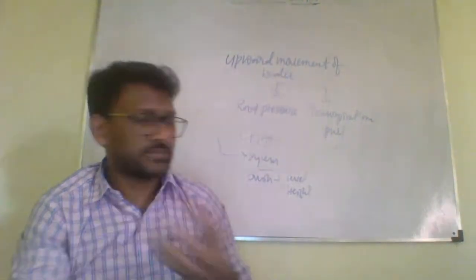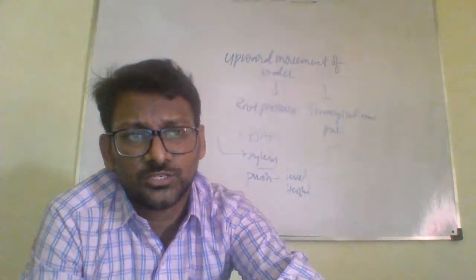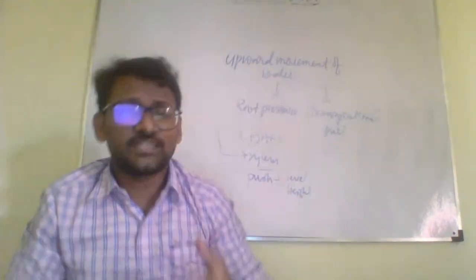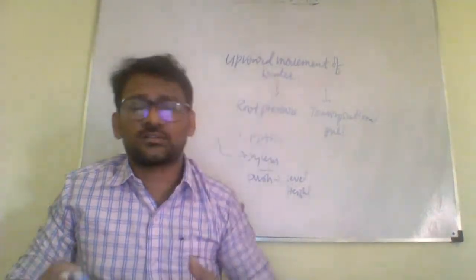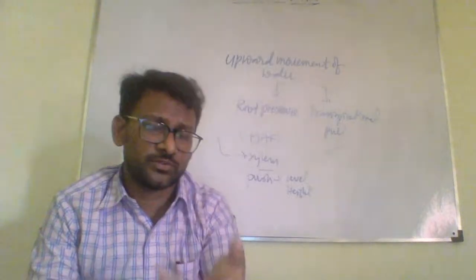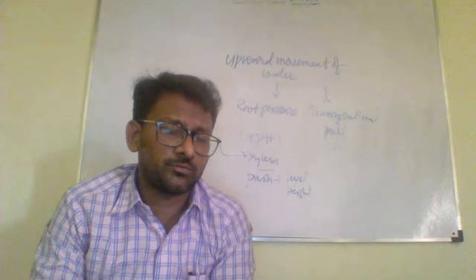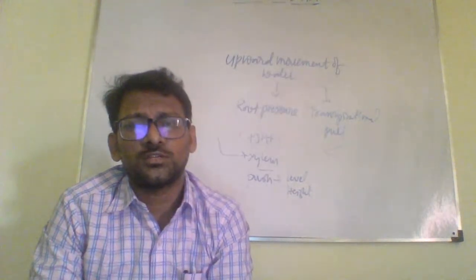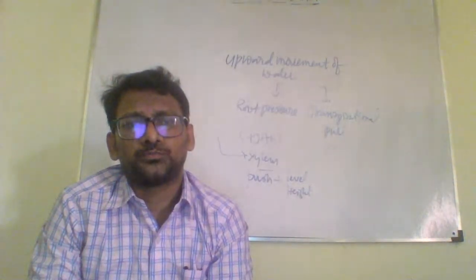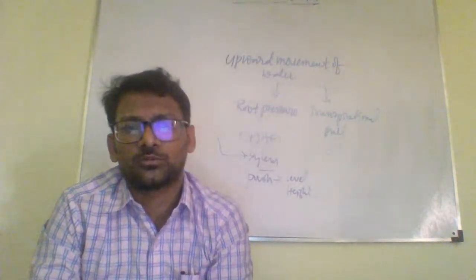So this is a phenomenon where the transpiration pull can actually transport the water from different heights, from sources to sinks when we talk about the phloem. But here when we talk about the xylem, we'll be talking about the pushing or pulling force.